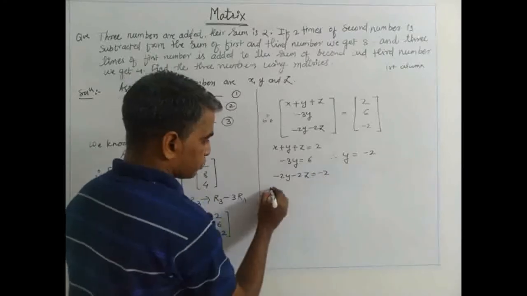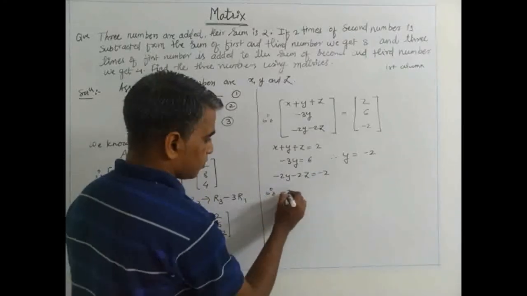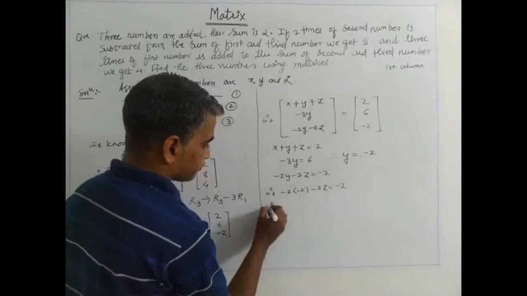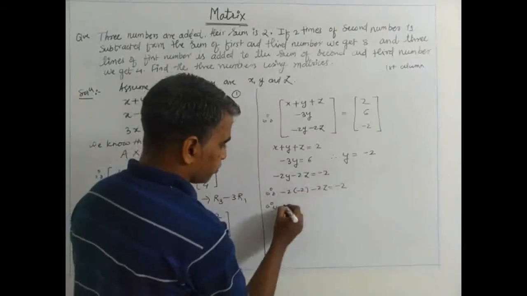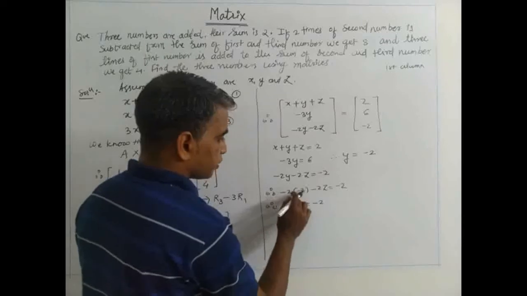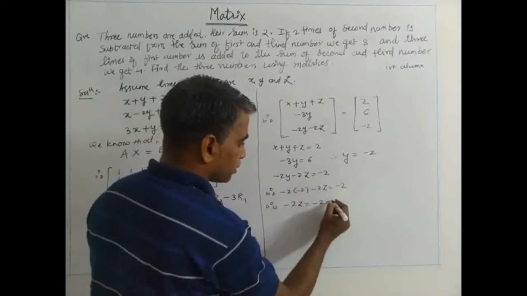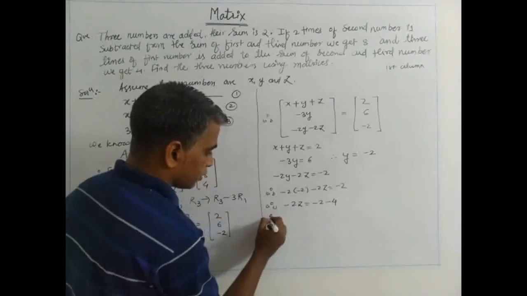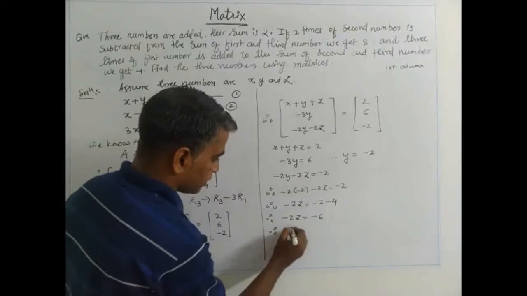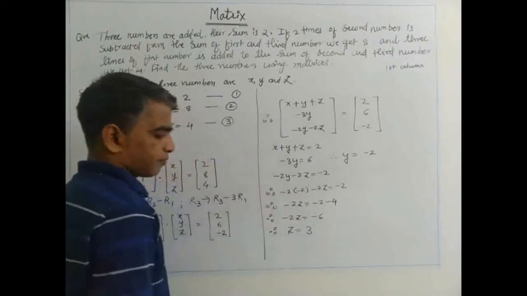Now we substitute the value of y here: minus 2 into minus 2, minus 2z is equal to minus 2. Now this minus 4 on the opposite side, minus 2z is equal to minus 2, minus 2 into minus 2, plus 4 on the opposite side becomes minus 4. So therefore minus 2z is equal to minus 6, therefore z is equal to 3.